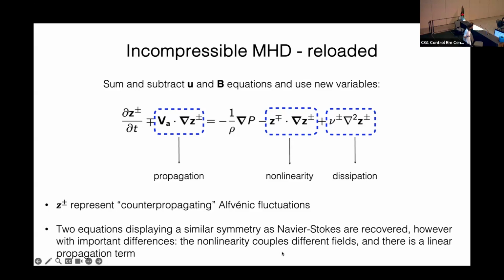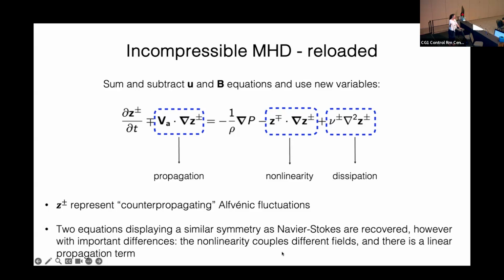So now you can see that they really represent Alfvénic signals that propagate parallel or anti-parallel to the mean magnetic field. So V_A is the Alfvén speed associated to the mean magnetic field. Okay. So this is the first difference.